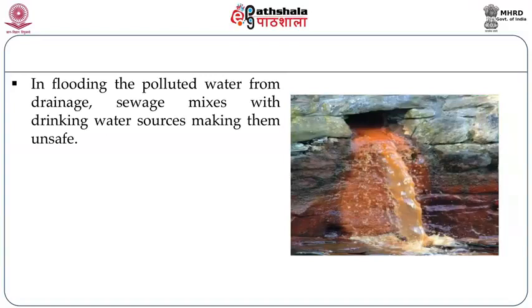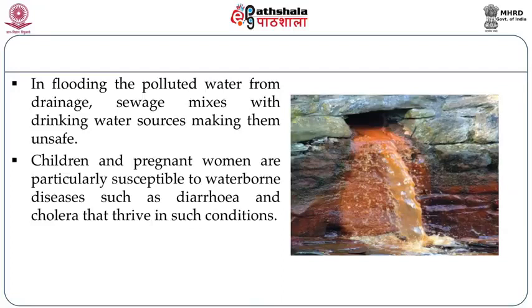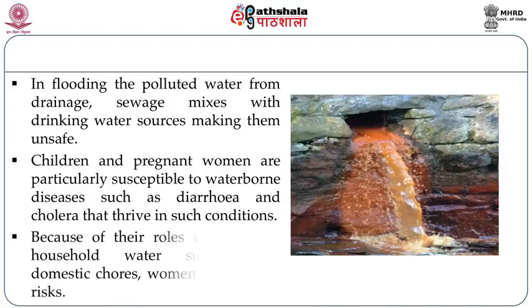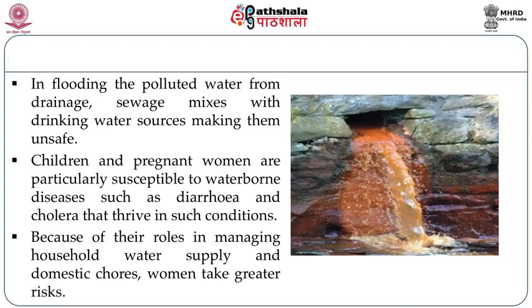In flooding, polluted water from sewage and drainage mixes with drinking water sources, making it very unsafe to drink. Children and pregnant women are particularly susceptible to waterborne diseases such as diarrhea and cholera that thrive in such conditions. Because of their role in managing household water supply and domestic chores, women take greater risks.